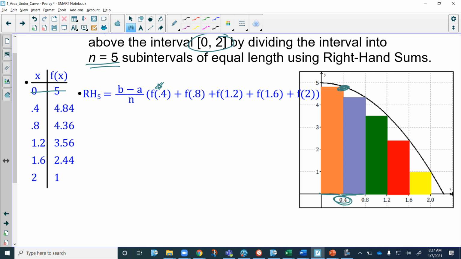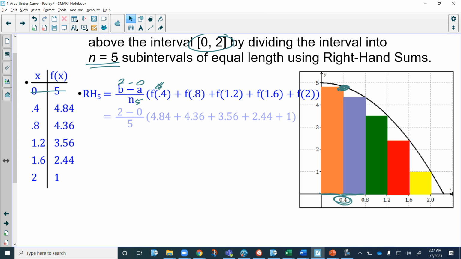I probably should have just put 2 minus 0 divided by 5 here, which gives a base for each rectangle of 0.4. We take the output values that we got by substituting each particular number into the given quadratic function.